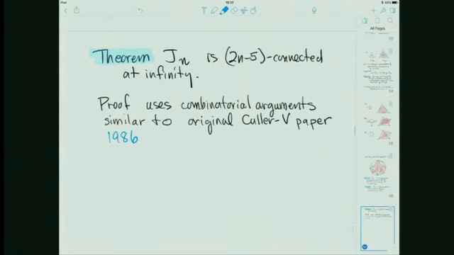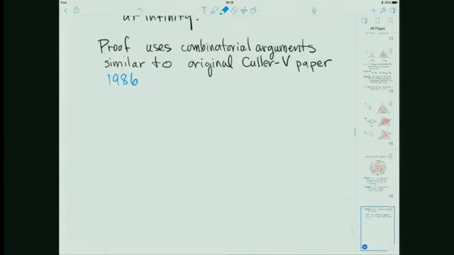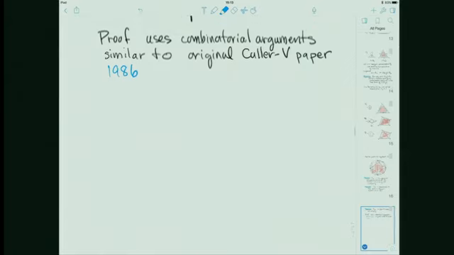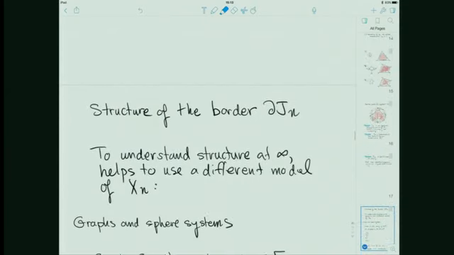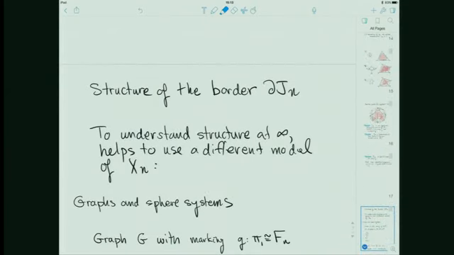It uses combinatorial arguments similar to the original Vogtmann paper where we introduced outer space. But what I really wanted to tell you about in the last 5 minutes is what the boundary looks like, and why this gives you a picture of what's in the boundary. So let me spend the last few minutes talking about the border of this retract.